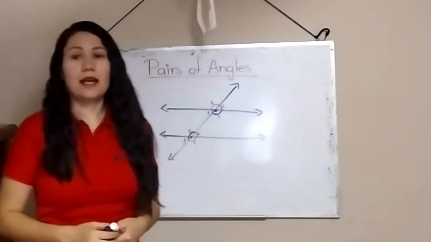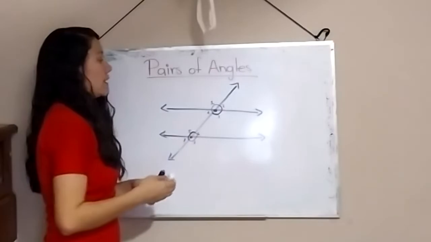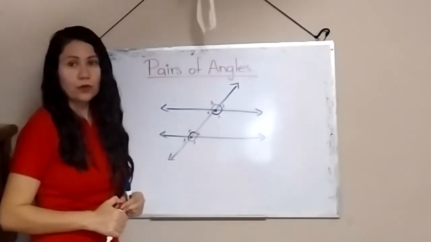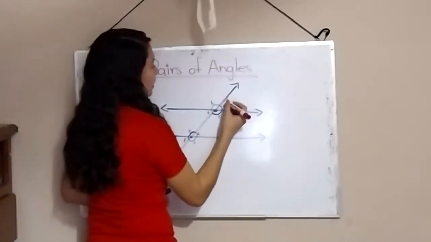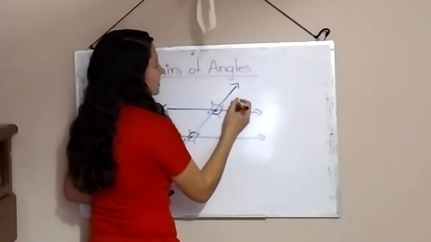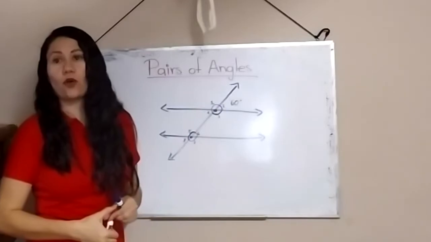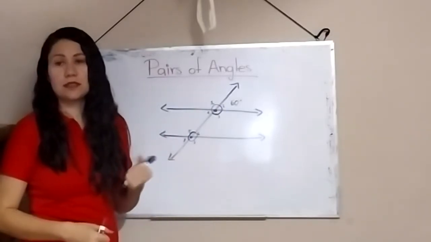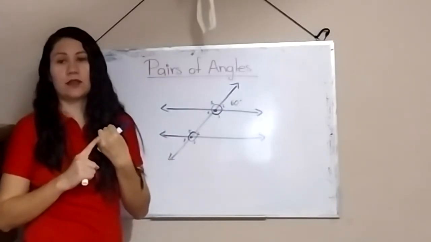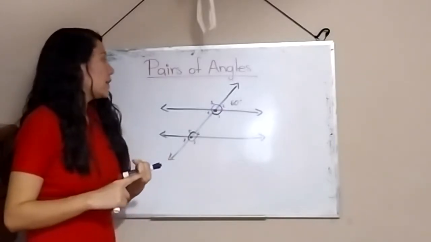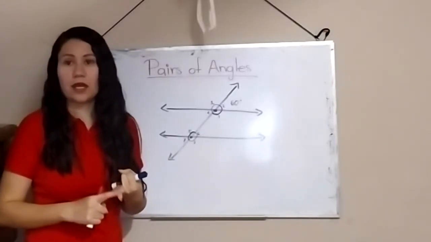Now let's say that I know that number 2 measures 60 degrees. We can get all of the angles that measure 60 degrees by knowing their corresponding and their alternate exterior angles.